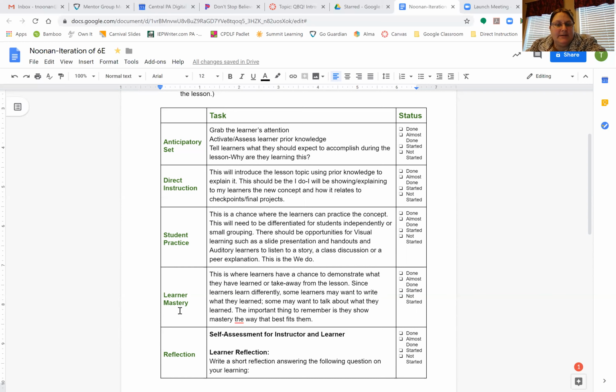So let me see if that comes back to me. Modeling for a lot of our students. So the direct instruction is the I do. I'm showing them what we're going to do. I am actually instructing them. So I feel like the direct instruction in the student practice is more of the explore and explain.